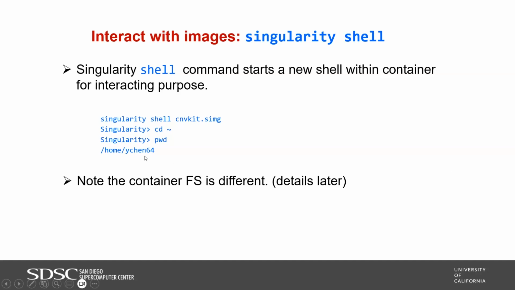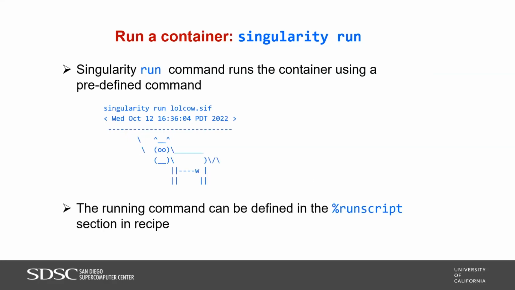Once we enter it, we can type some commands, and now we know that we are inside an image. Of course, we can also run the Singularity image with the Singularity run command, and once you run it, maybe with some options, flags, and arguments, the container will run and give you the results you want.